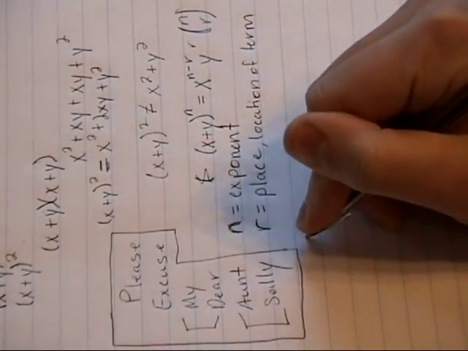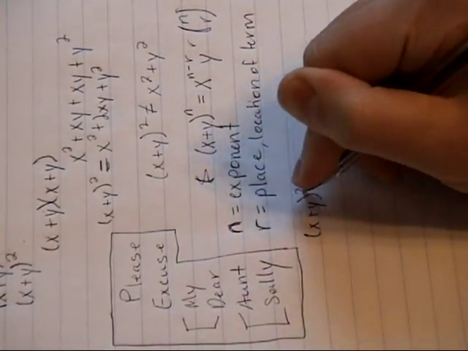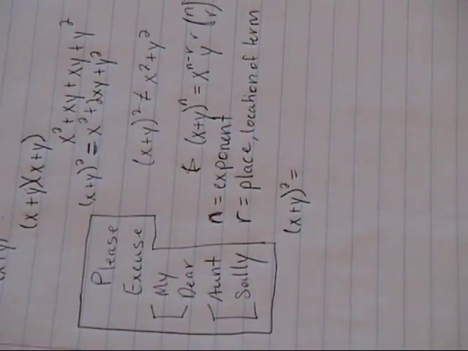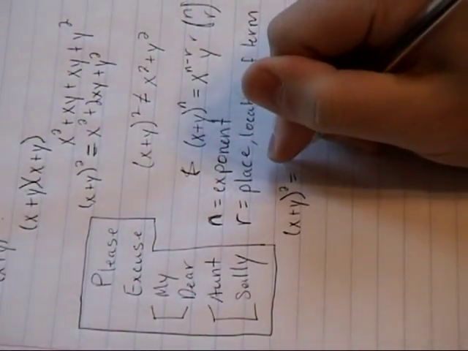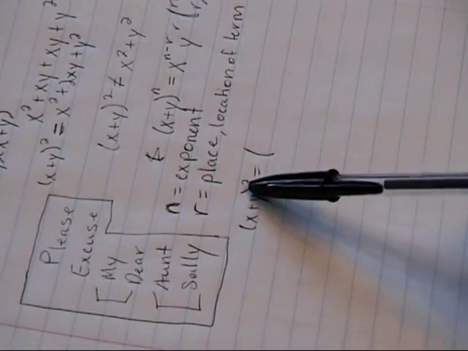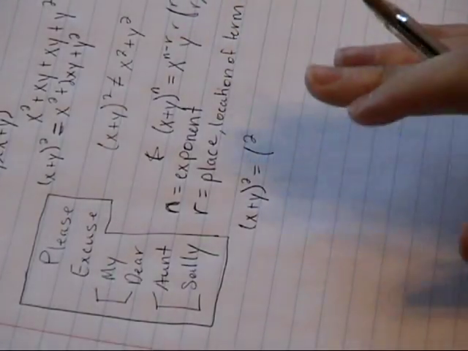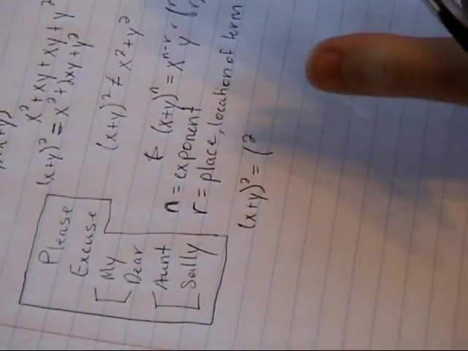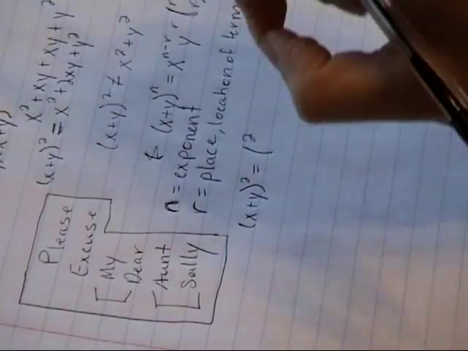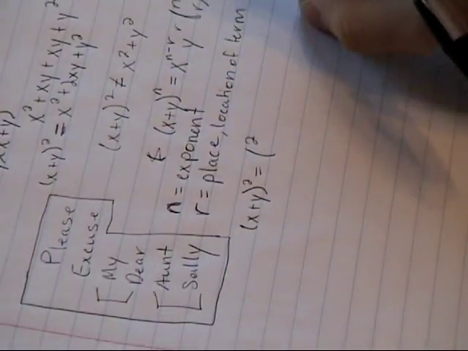So if I were to do x plus y squared and use the theorem, then the first term would be that, in which case n is 2, and r, this is the first term, so r is 0. It goes the 0th term is the first term, and the first term is the second term.